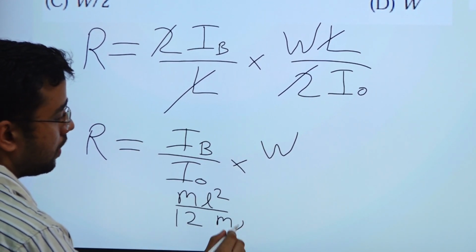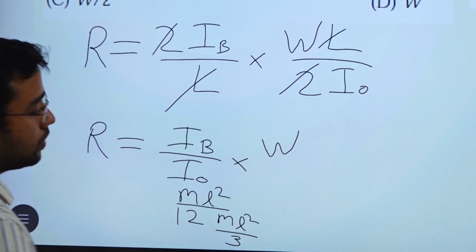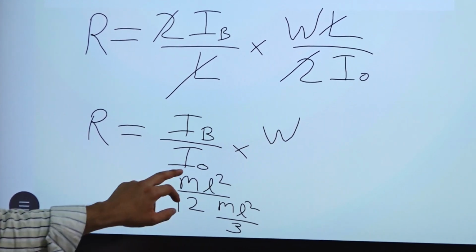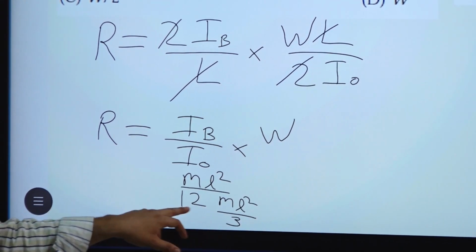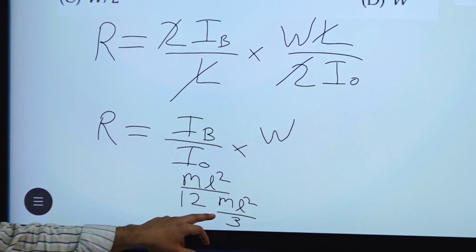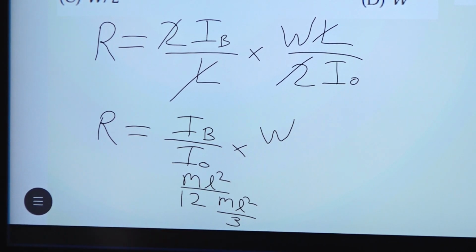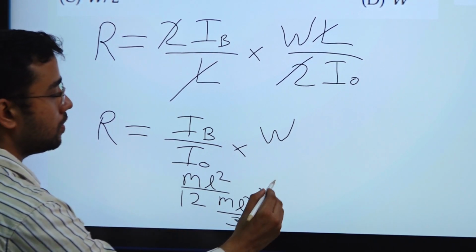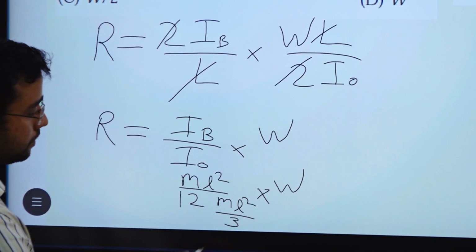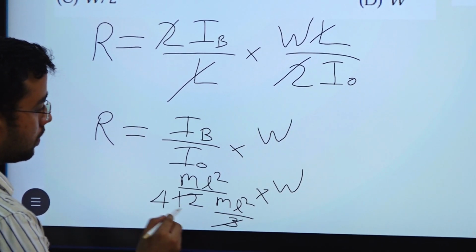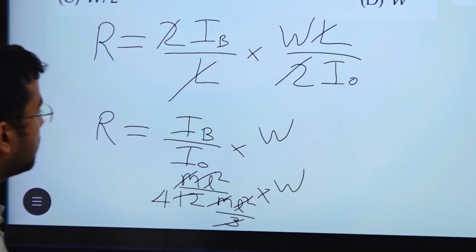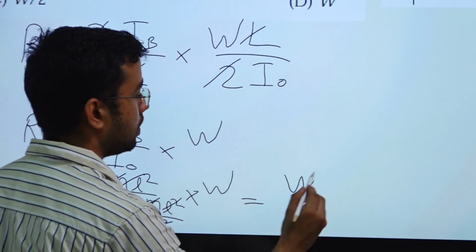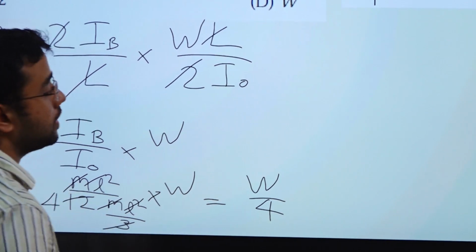So in the GATE examination you have to remember at least ml square by 12. If you remember ml square by 12, you can find ml square by 3 using the parallel axis theorem. Into W, 3 will cut by 4, m is gone, L square is gone. You get W by 4. So that was the answer.